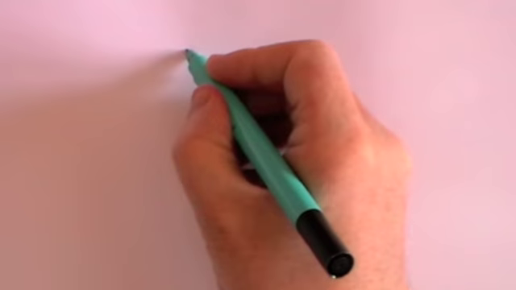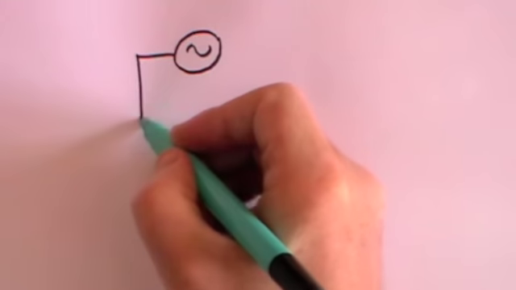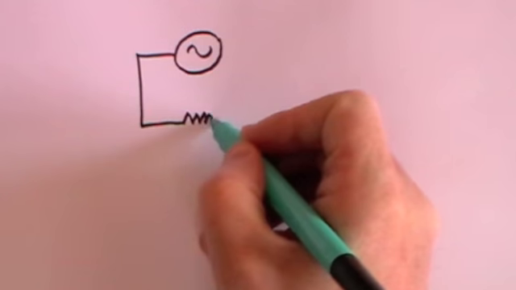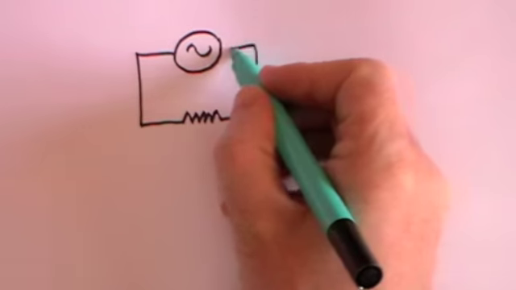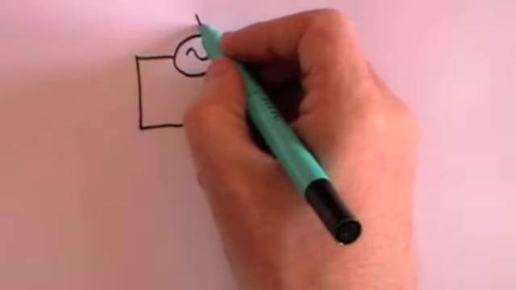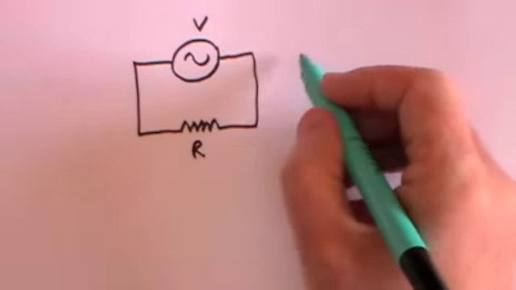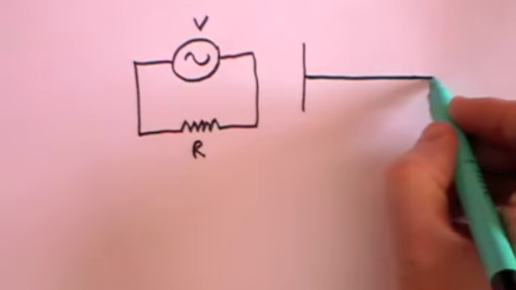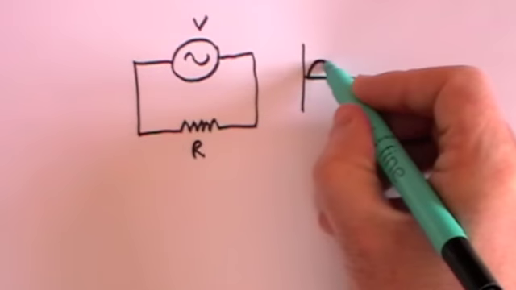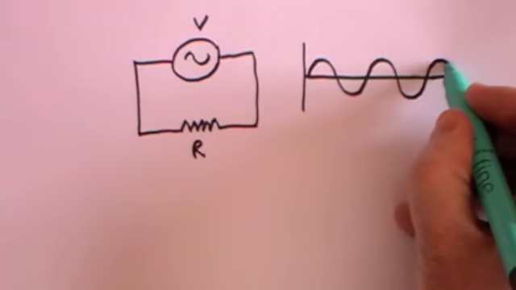So instead of using a battery, let's put an alternating current source in a circuit. Here is my resistance, that's R, and here is my voltage supply, which is an alternating voltage supply. And what we now know is that that will produce an alternating voltage which goes as a sine wave, constantly up and down.